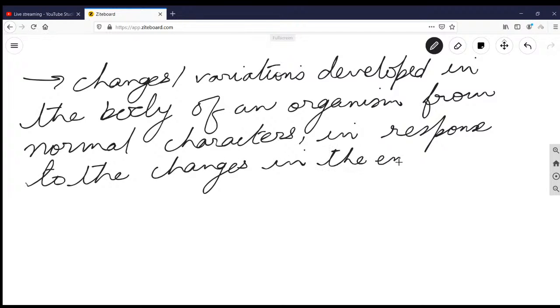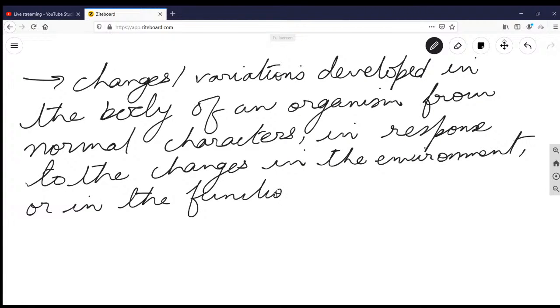Changes in the environment or in the functioning. This is again a great theory by him: use and disuse. Or in the functioning, that is known as use and disuse.